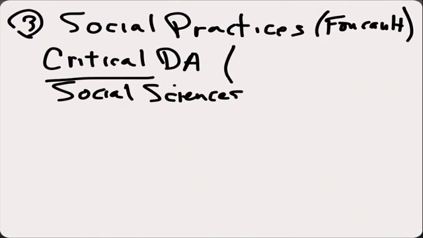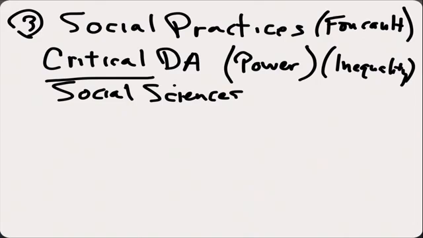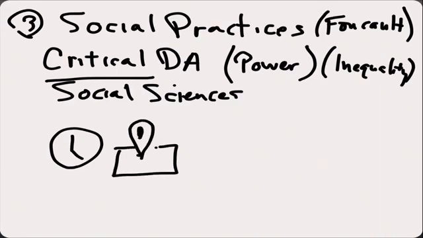So it would be issues of power relations oftentimes, and how inequality plays out through language. So for instance, you might have a question about how a particular period in time and a particular place on a map would construct a particular understanding about an issue or a social kind of object.